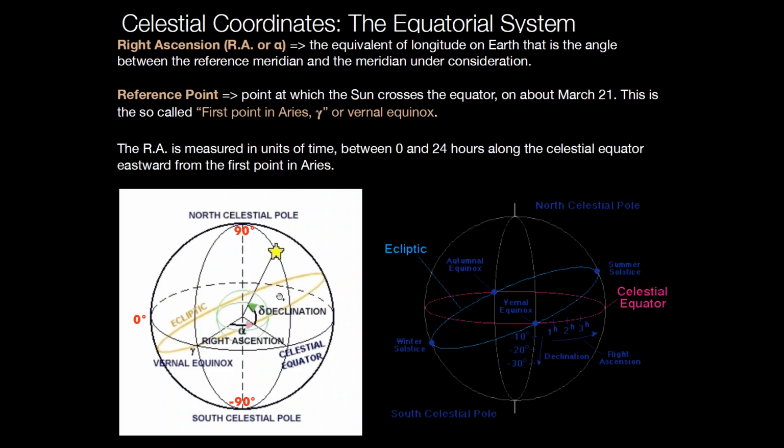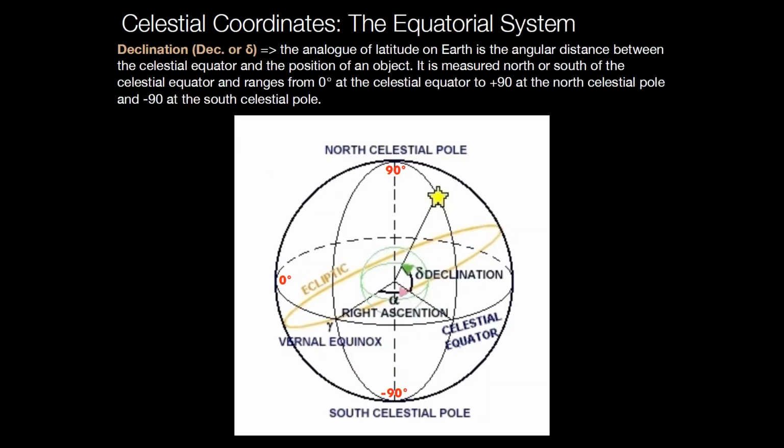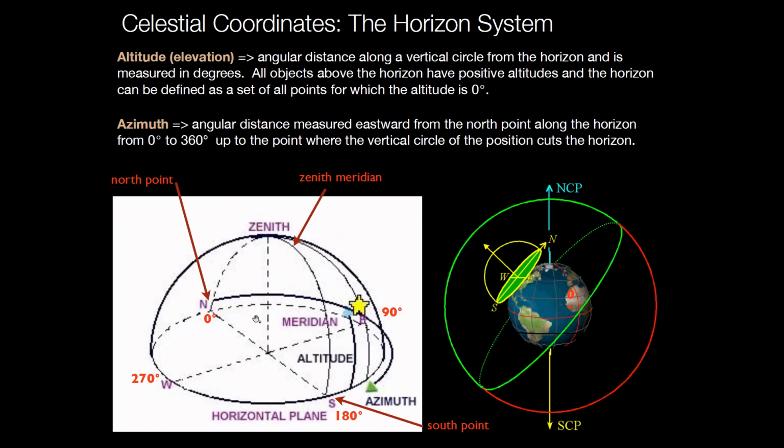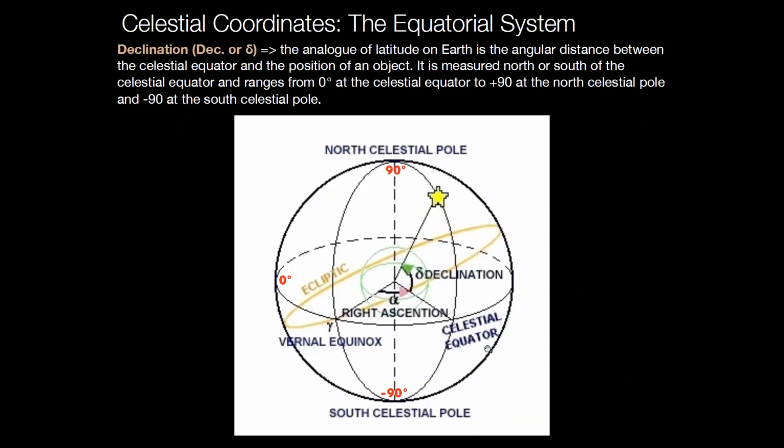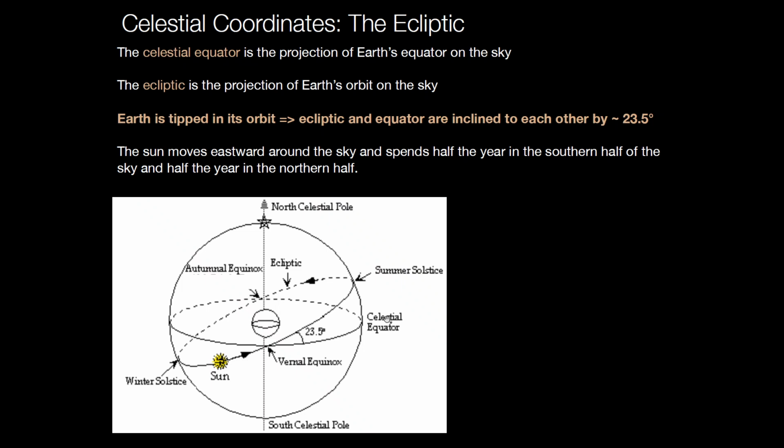I've talked about the horizon coordinate system, which is based on the actual observer, the actual astronomer on the surface of the Earth. And I've talked about the ecliptic coordinate system, which is related to the plane of the orbit of the Earth around the Sun.